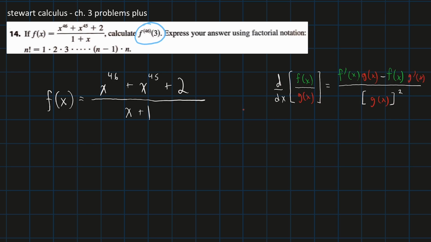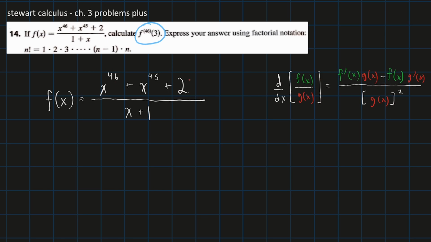Now you may realize that if we take the derivative once, this expression will already get pretty messy. Imagine we'll have to use the power rule first of all for our f prime, which is our numerator. And by the way, this f of x is not the same as this f of x. This is just a general f of x for your numerator. This is just to explain the quotient rule.